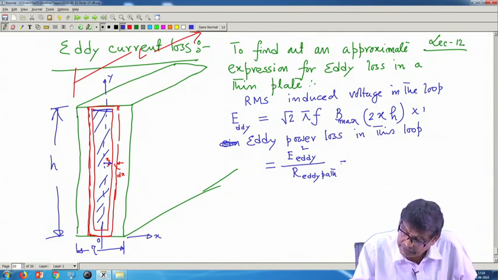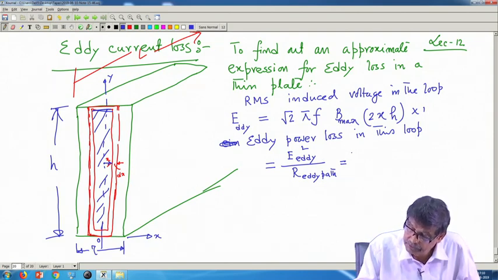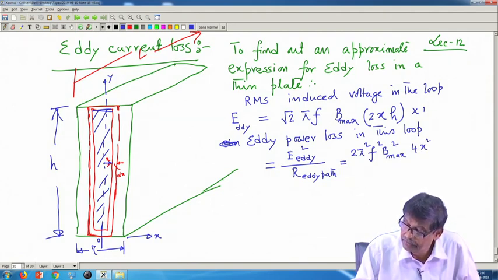Therefore, I will now put these values. It will be 2 pi square f square B max square into 4 x square h square.